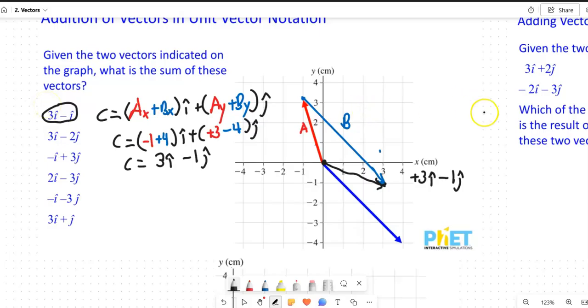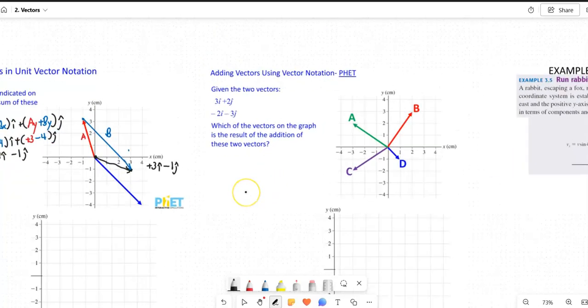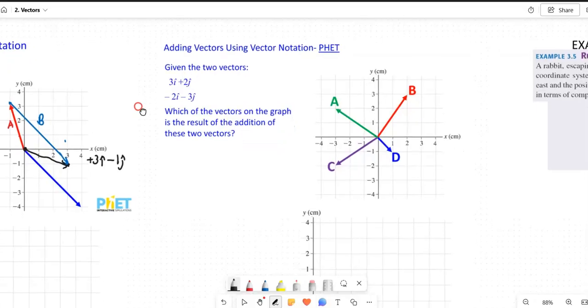All right, let's try another one. And so this is vector addition of a lot of different vectors.